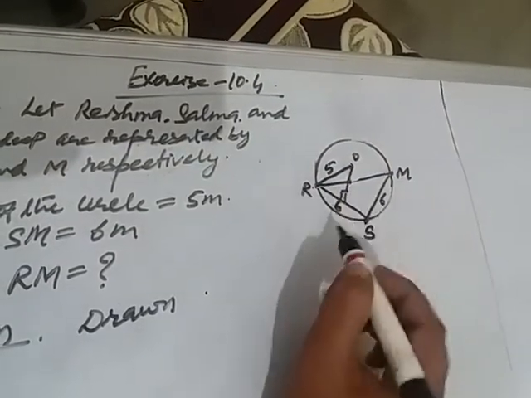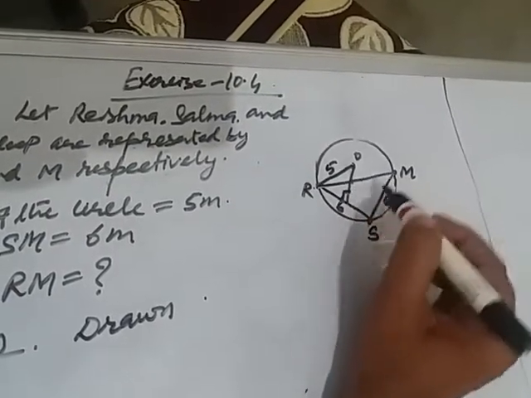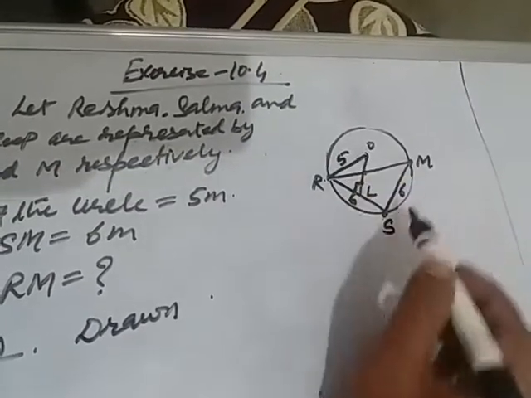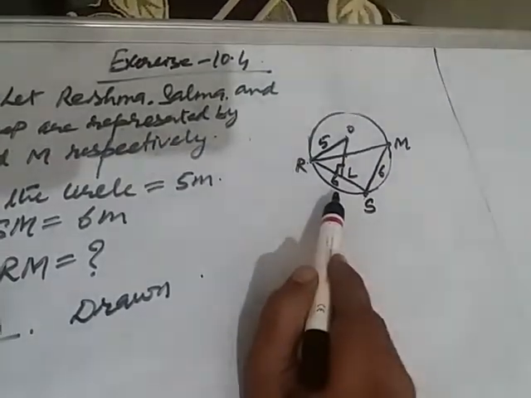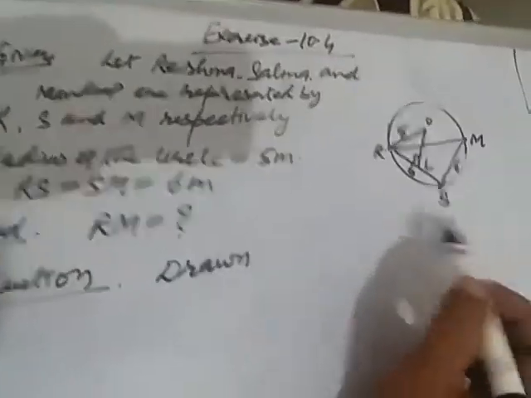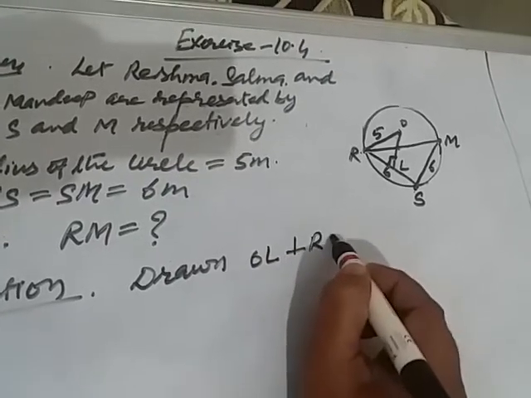OL is perpendicular to RS. If we draw a bigger circle, then it will be very clear. This is OL. Draw OL perpendicular to RS.